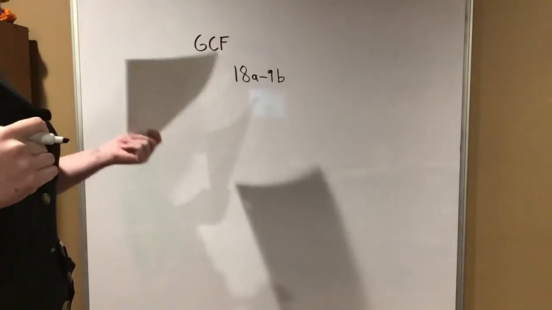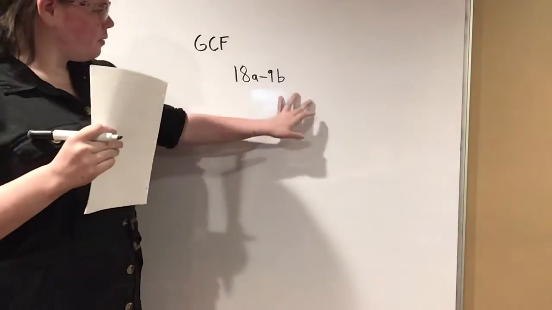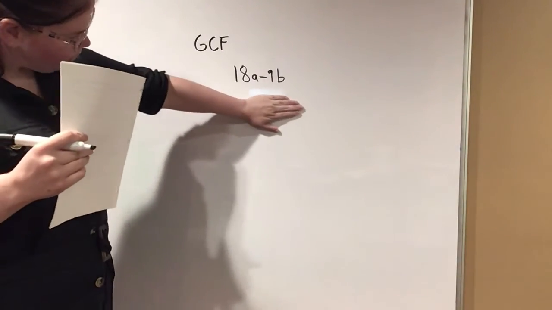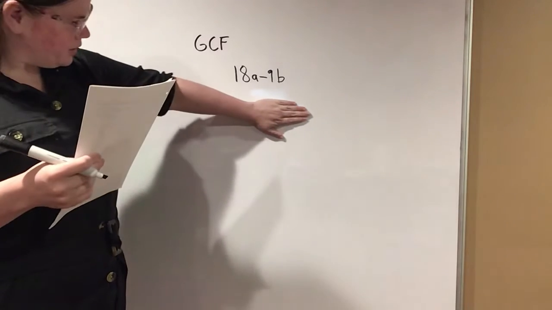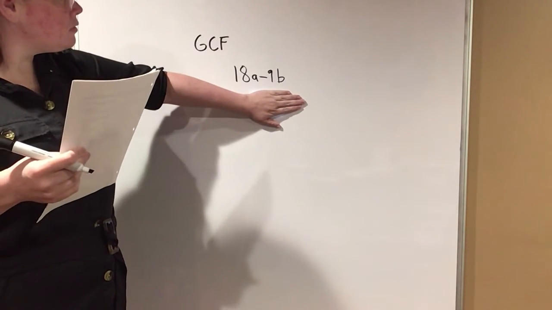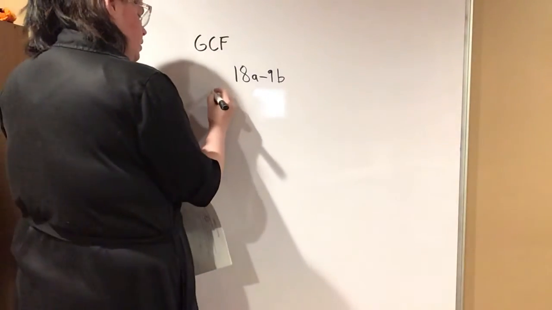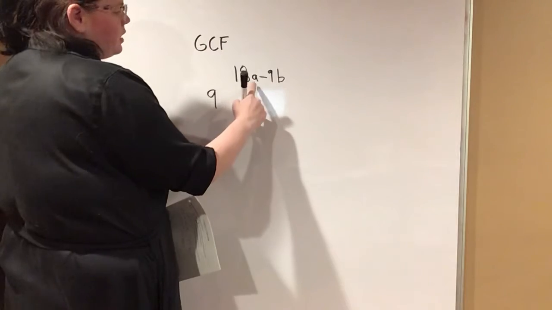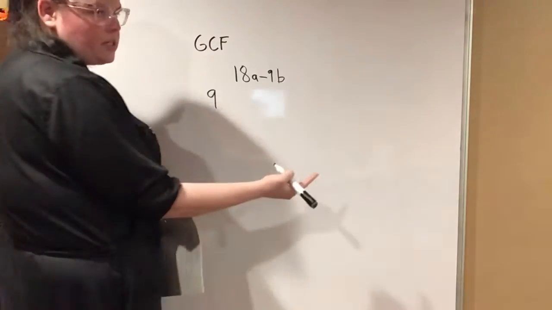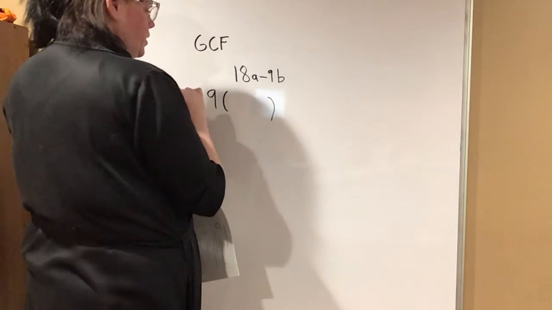So if we're looking at this guy, we need to find what our greatest common factor is. Well, what do you think our greatest common factor is between an 18 and a 9? I see a 9. There's nothing I can pull out of an a and a b, so those are going to stay in my parentheses.